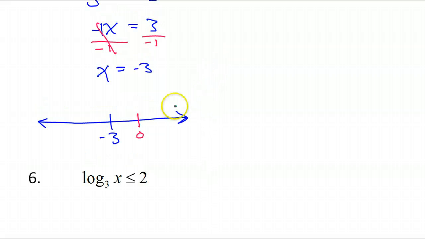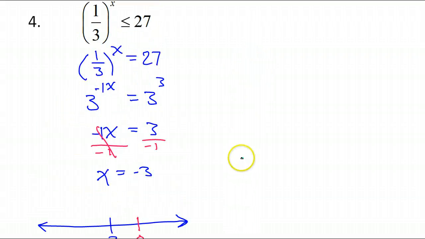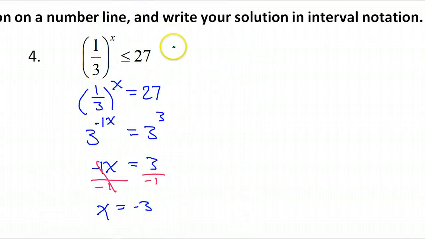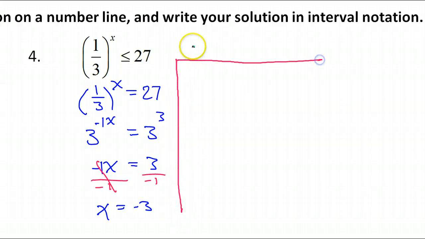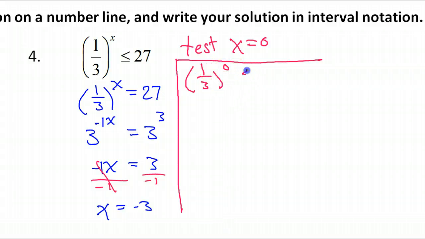So let's see if that is a solution. If it is, then everything on the right hand side will be a solution. If it's not, then none of these are solutions, and that means the solutions would be on the left. So let's check it out. I'm going to test x equals 0. That would make this 1/3 to the 0 power is less than or equal to 27.